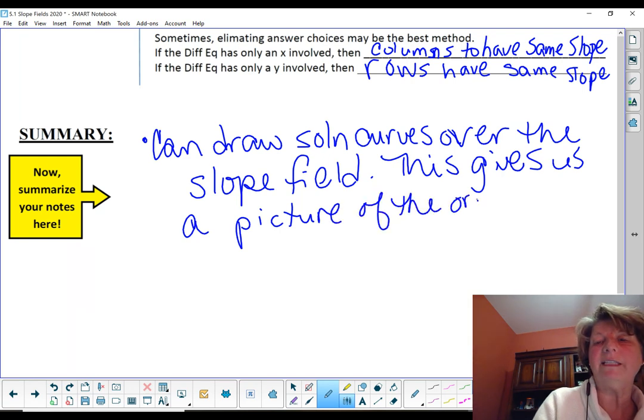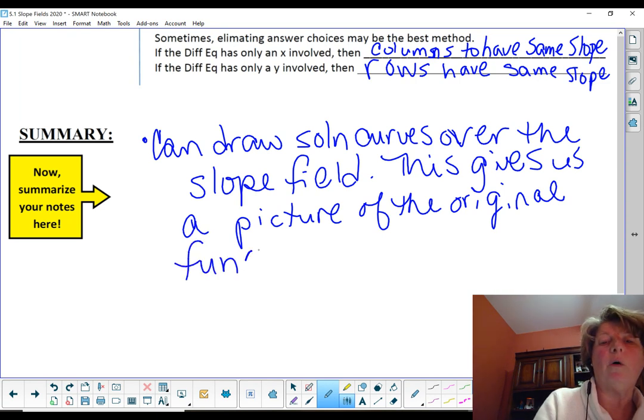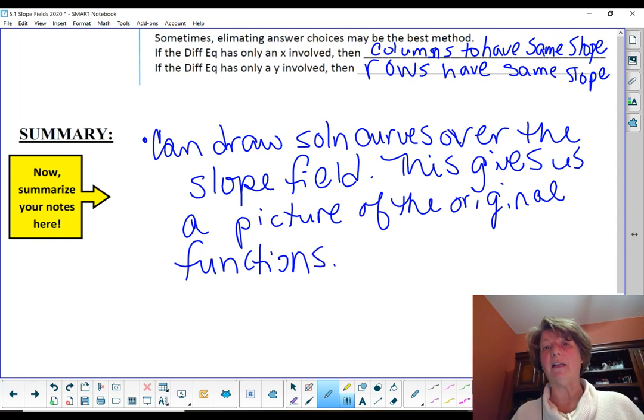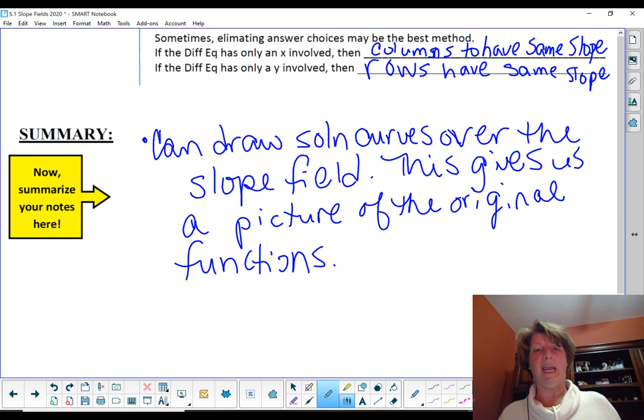Like on that first one we did, we could tell that it was a quadratic equation just by looking at the shape, that it was a parabola. So there are differential equations out there that can't be solved analytically, meaning we can't manually hand do it.